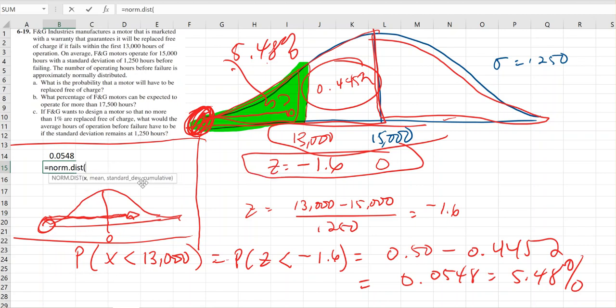X is the thing you're looking for, so 13,000, comma, the mean, 15,000, right? The standard deviation, comma, 1250, all right? Comma, and do you want it to be cumulative? Yes.